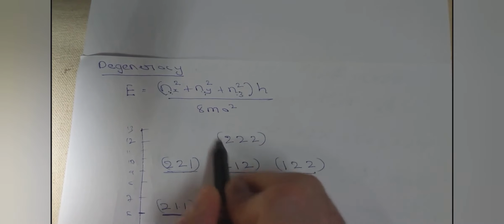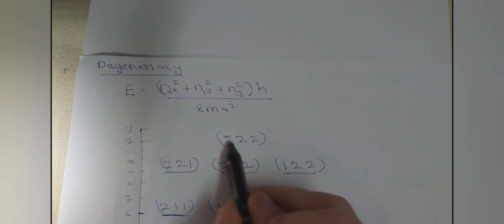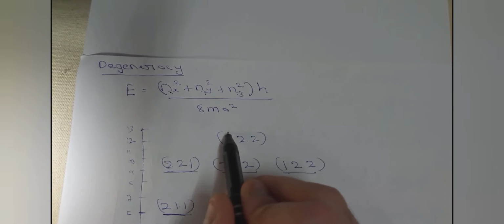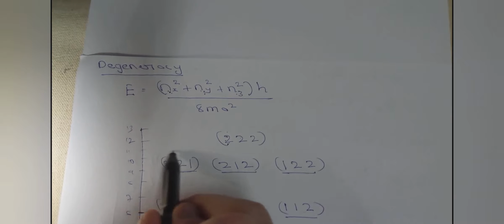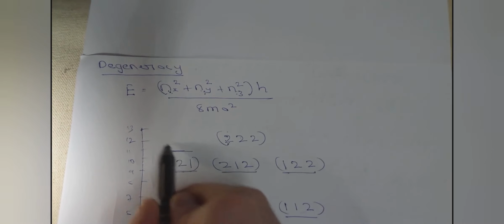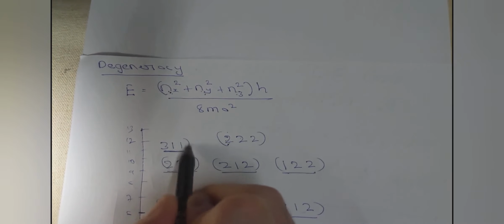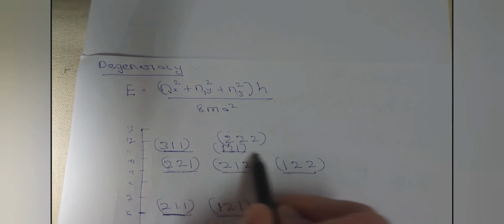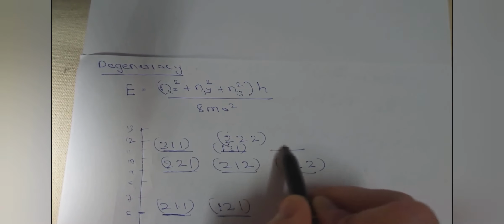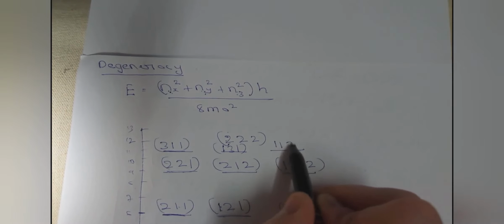That is 2 square 4, 4, 4, 12. And in between we can also have at 11: 3, 1, 1, then 1, 3, 1, and then 1, 1, 3.